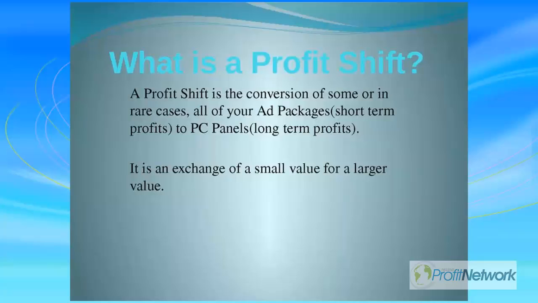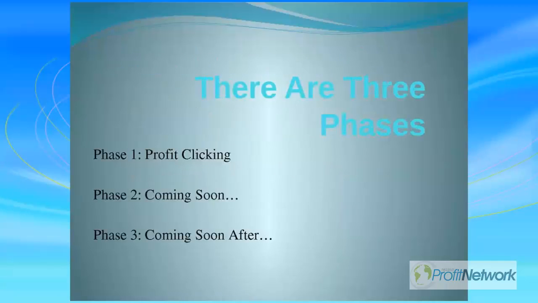Basically, it would take you down from earning $20 a day on 100 ad packages to $10 a day. That's $10 per day on your short-term ad package end, but it would take you into earning even more money in the PC panel program, because of the $60 bonus whenever a PC panel cycles, and we're going to get into that right now.